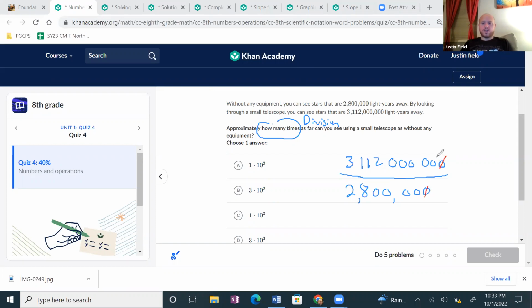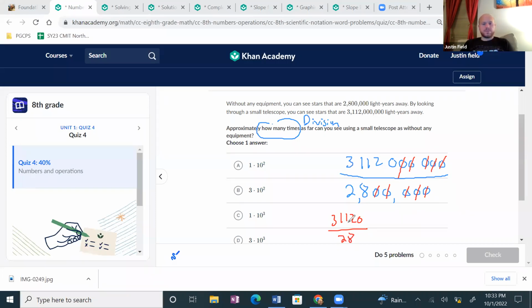If I put them like this in standard form, I can just cancel out the zeros as far as they go. And so it was 1, 2, 3, 4, 5, 1, 2, 3, 4, 5. Okay. So then my numbers are just 31120 over 28.